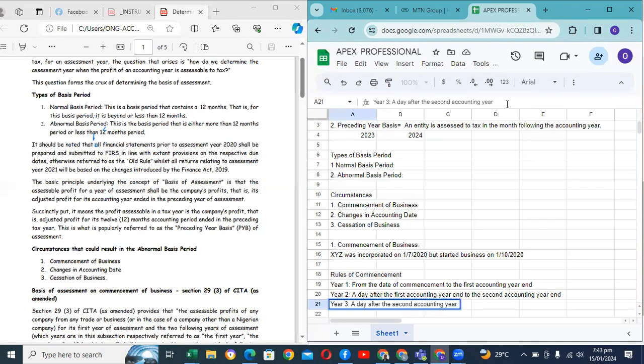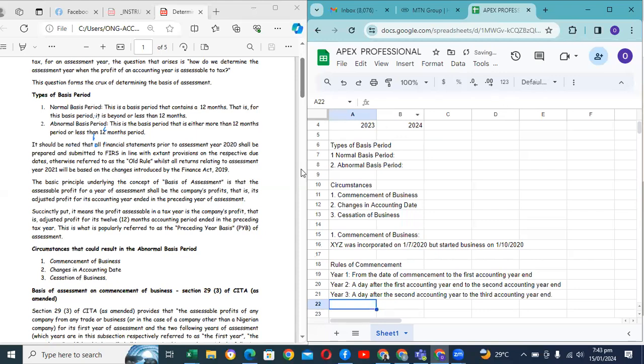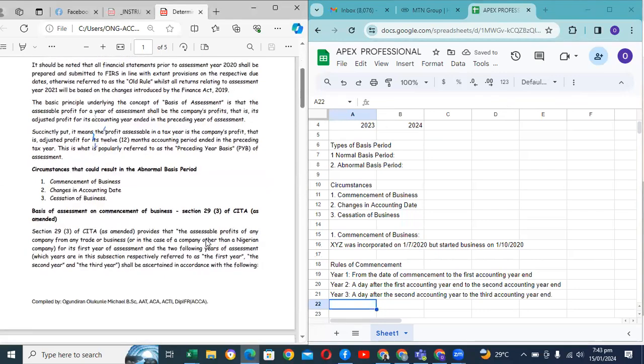Just try as much as possible to know this rule, in the abstract form. I will teach you the application to the third accounting year end. So let's quickly put this into perspective.